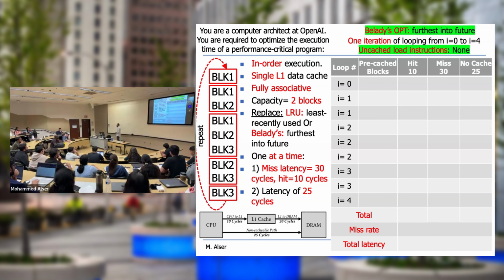What is the furthest block that I'm going to request, not the furthest block that I'm not going to request. Okay, this is important. Block 1, it's not in the future. It is? No, it's not in the future.